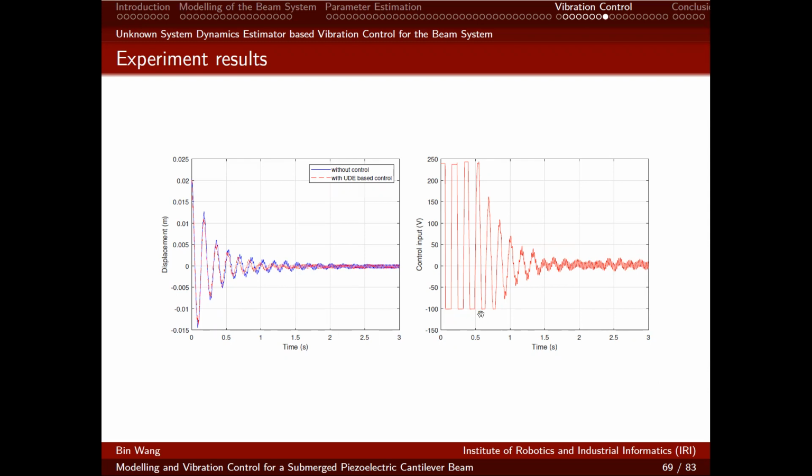So it means we do not have enough piezo voltage to suppress the vibration.